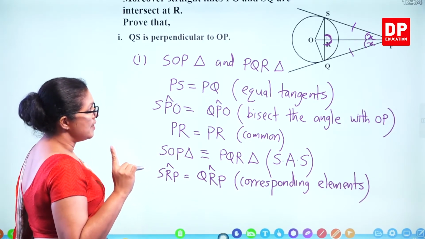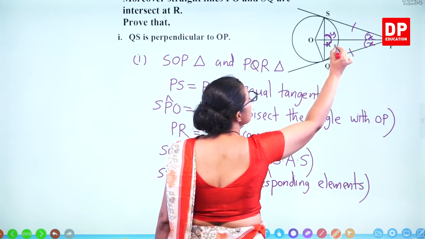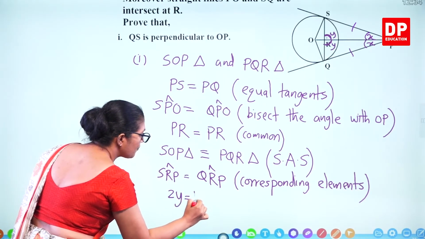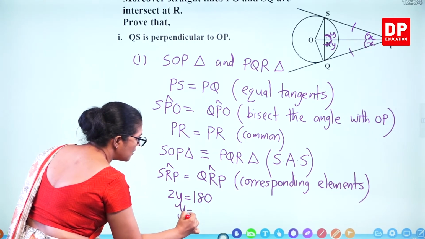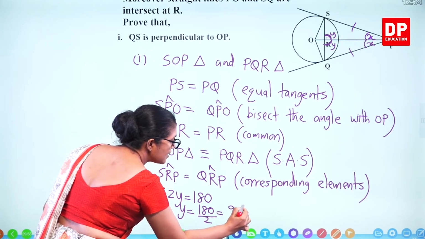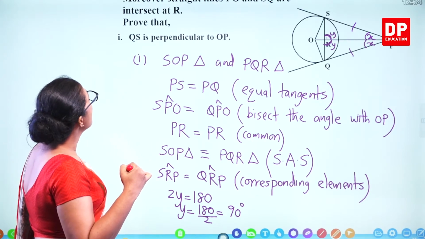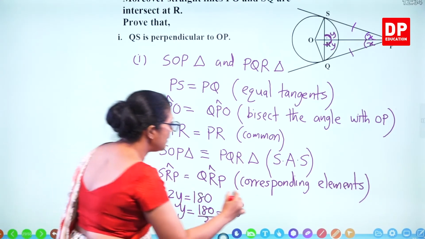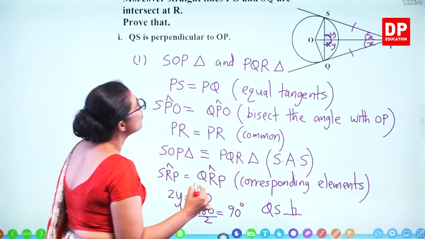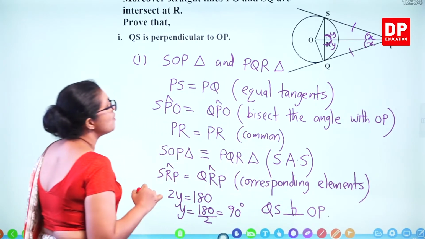Now, these are equal, so you can put y, 2y equals 180. So what's the y angle? y becomes 180 divided by 2. That's 90 degrees. So 90 means the QS line is perpendicular to the OP line. So that's the first part.